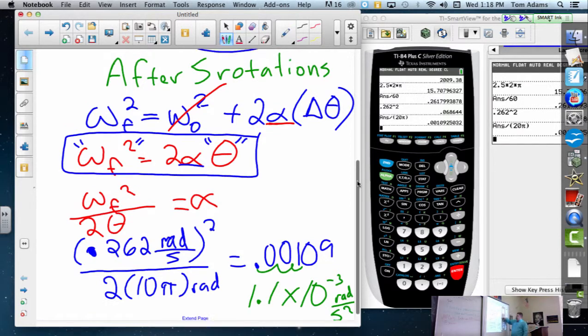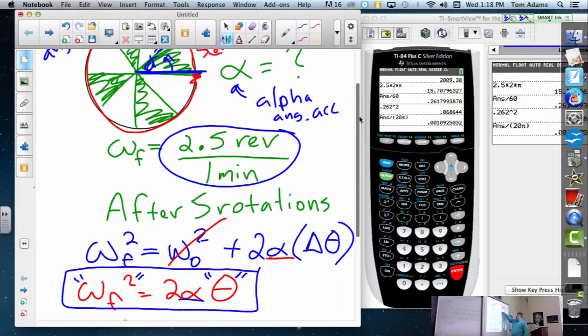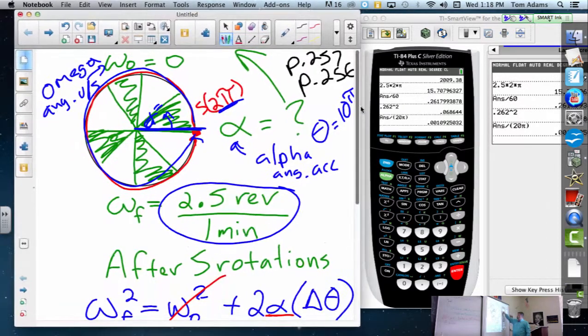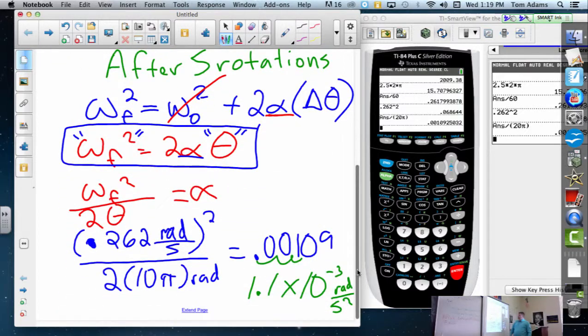So in order to get theta, we said, well, what's theta? Theta is a measure in radians. It's an angle. And we know that it's going to change 5 revolutions. For each revolution that we go around, it's equal to 2 pi. We're going to do that 5 times. So theta is actually 10 pi. So we plug that into our formula as 10 pi.